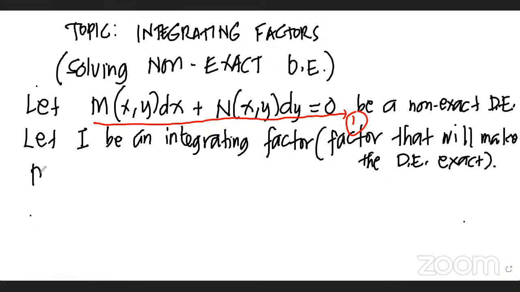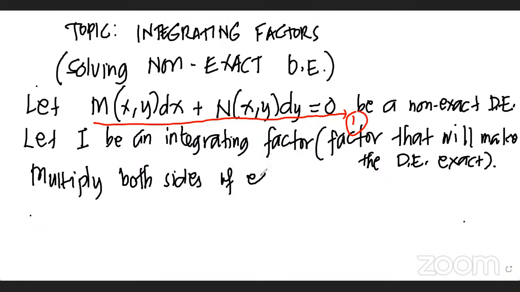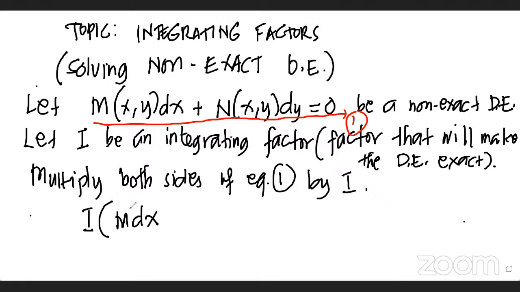So we will multiply both sides of the equation 1 by this integrating factor denoted by I. The result will be I times the first order DE. So M dx, we know that M is a function of x and y, plus N dy equal to 0.